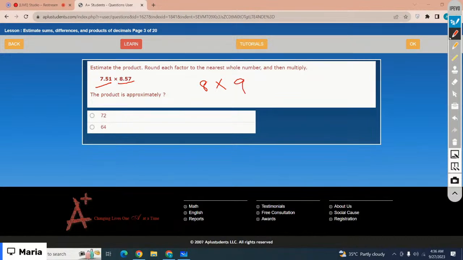So 9 times 8 is, that is 8 times 9 is, very good, that is 72.